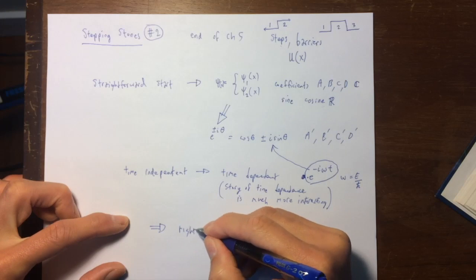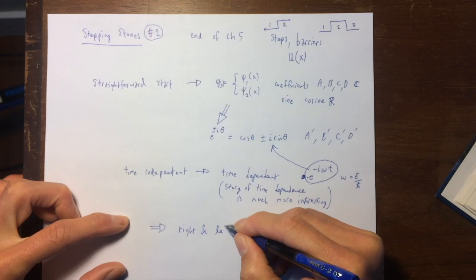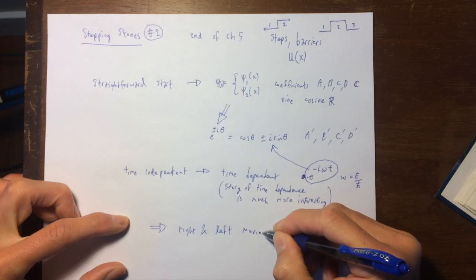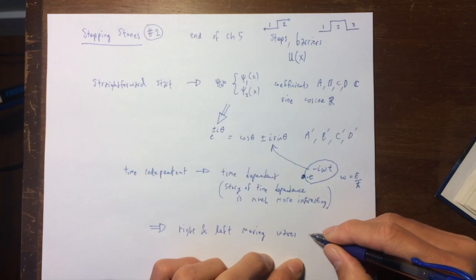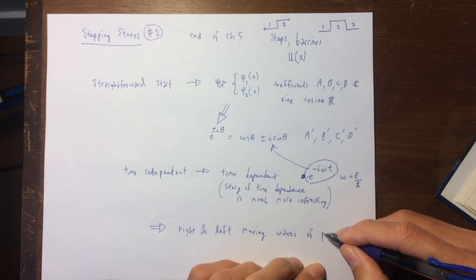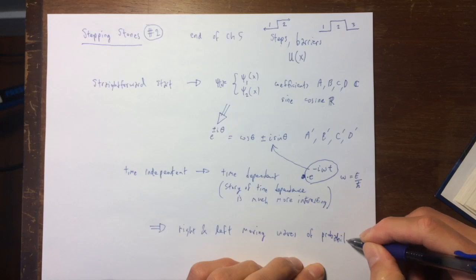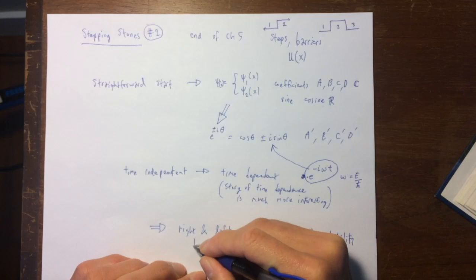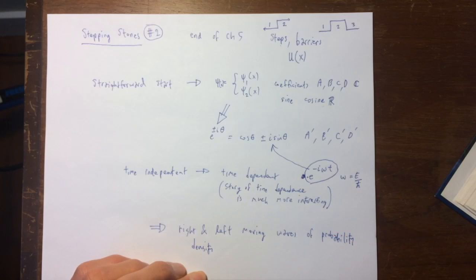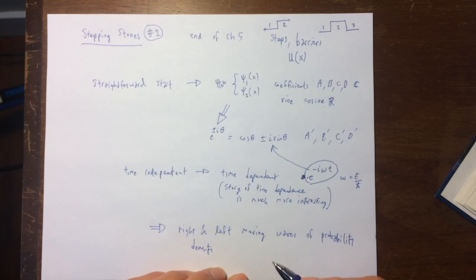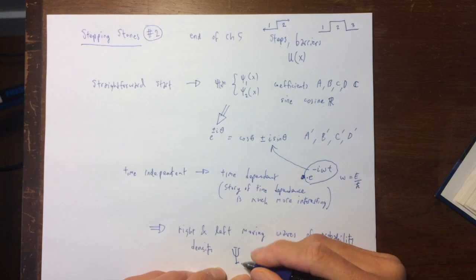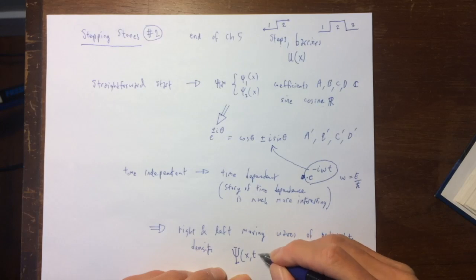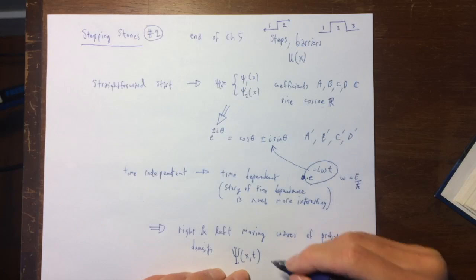is right and left moving waves. And these waves are waves of probability density. These right and left moving waves are what comprise what's referred to as the time dependent probability density function.